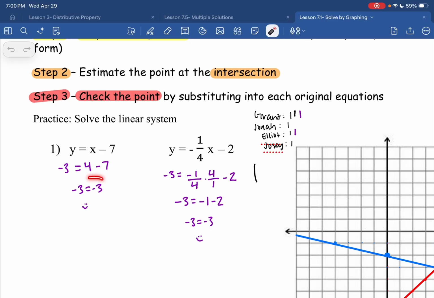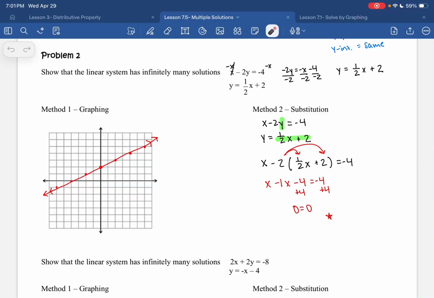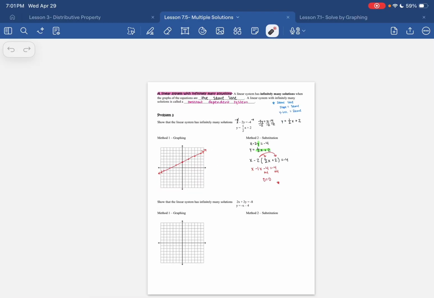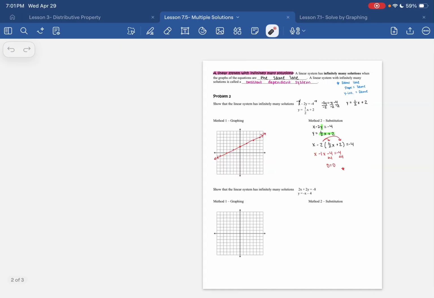But we would get a number equals a number, okay? So that's kind of how you can think. When it has a number equaling the same number, that's how you knew it was a solution. When we have 0 equaling 0, you have infinitely many. And then if you have 0 equaling a number, no solution, right?